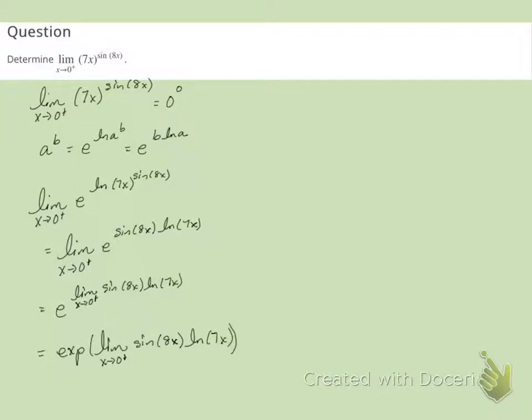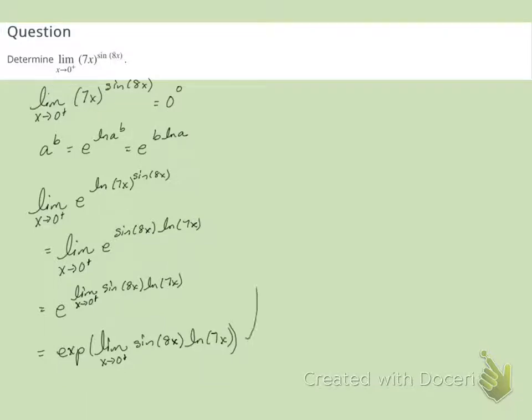Now looking at this limit, when I substitute in 0 for x, I'm going to get 0 times negative infinity. So I still don't have my indeterminate form of 0 over 0 or infinity over infinity. So let's manipulate this sine of 8x to be 1 over that and put it in the denominator.